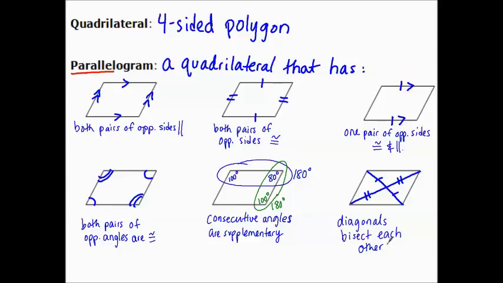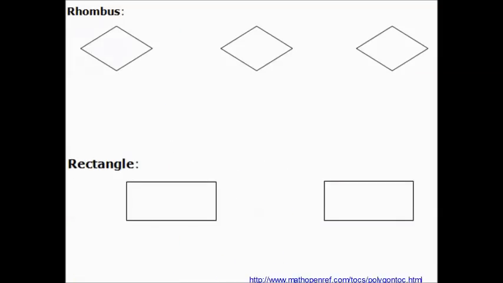Today we get more specific into types of parallelograms. If we narrow down a parallelogram in certain ways, we get more specific types of parallelograms like the rhombus and the rectangle. Both of them are types of parallelograms.